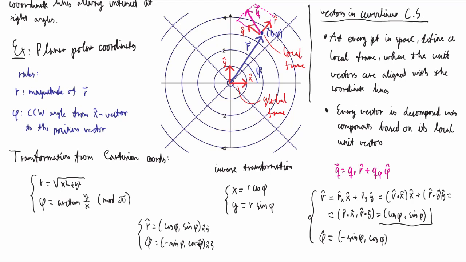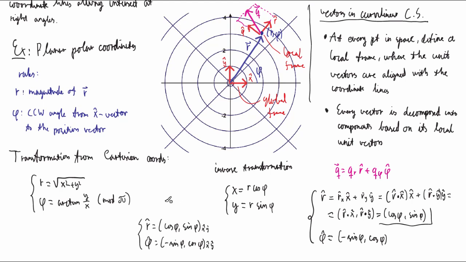Okay, so I found this just by doing this projection. You can also find these expressions from the transformations, starting from the transformations from Cartesian coordinates to polar coordinates, or the inverse transformation, and you can find an expression for these unit vectors mathematically.